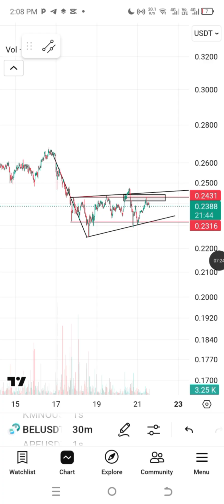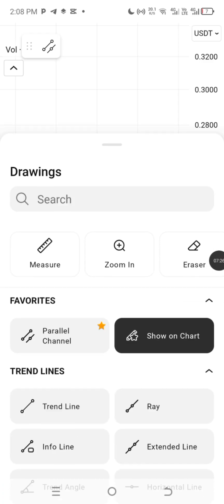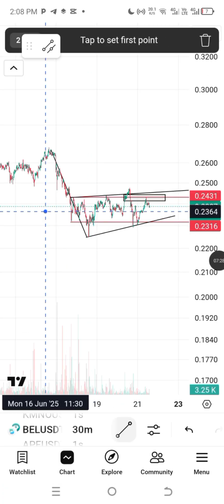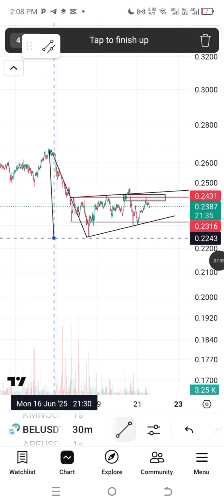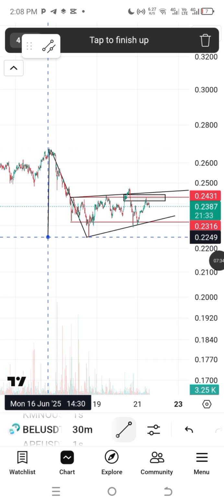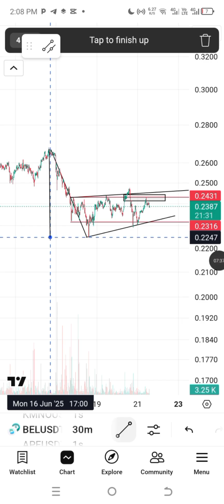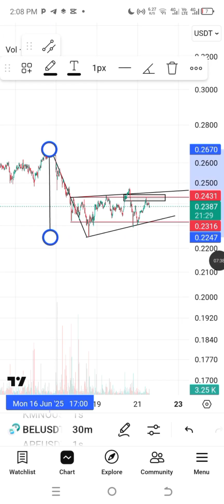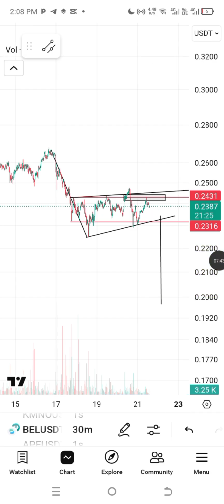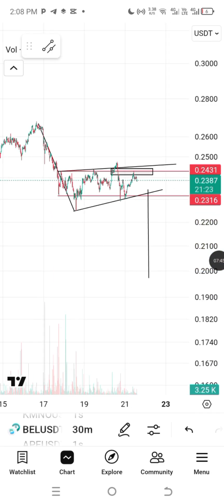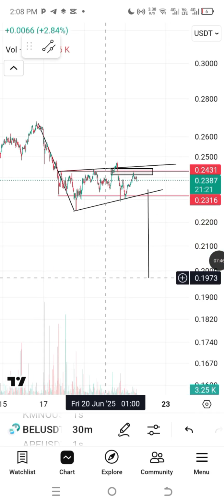Now, so let's measure here now to know where our target region would be if we break out. If we break out from here, our target is going to be somewhere around here, 0.1973.